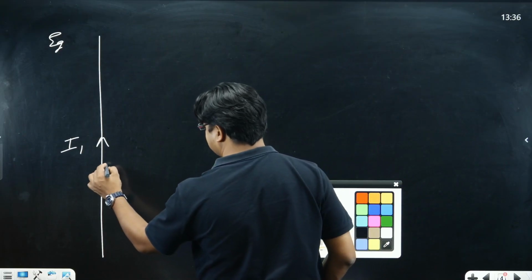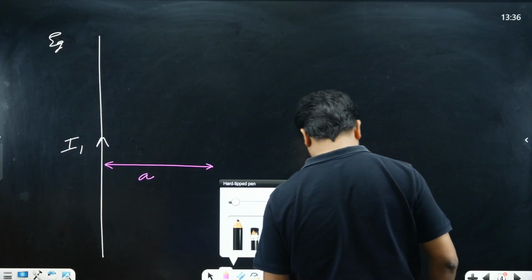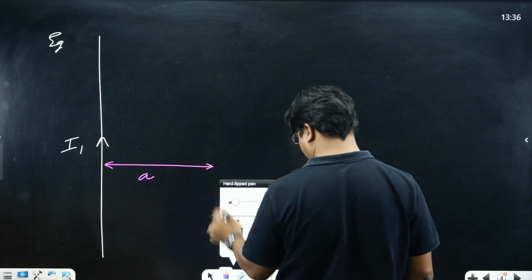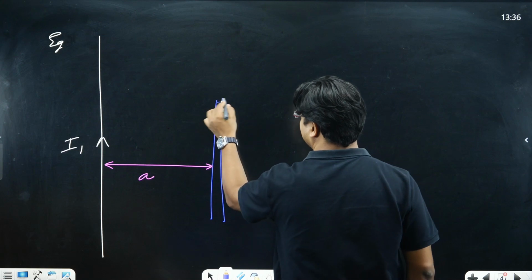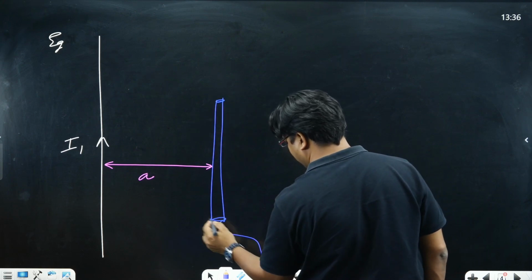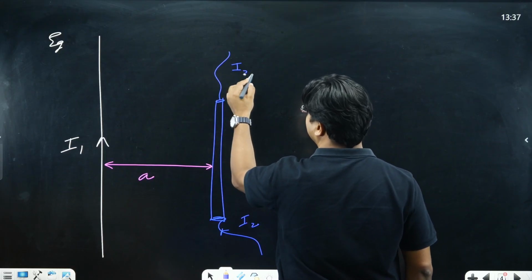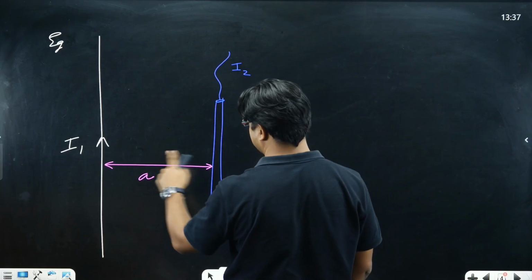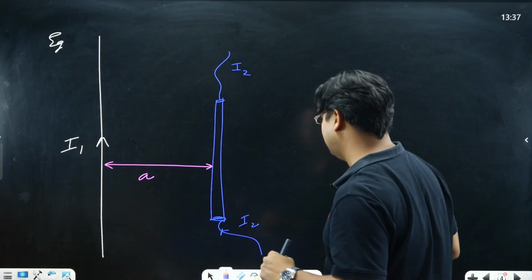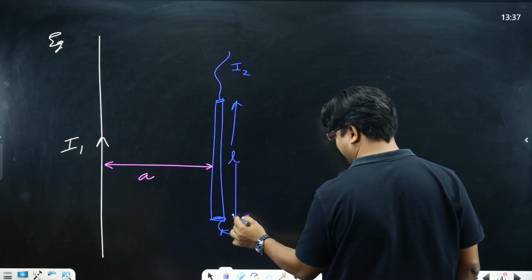Close to this wire, at a distance A, we keep another wire, or you can say rod, carrying a current I2. This distance is A, and let's say the length of this rod is L.